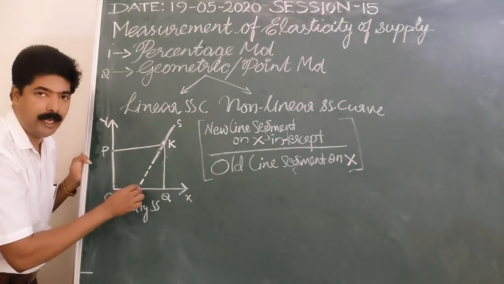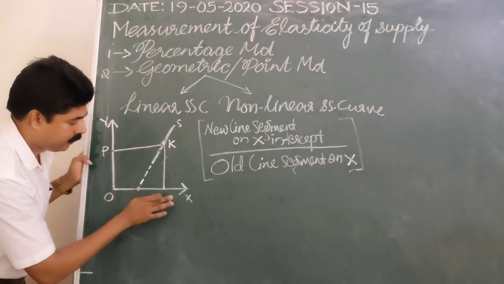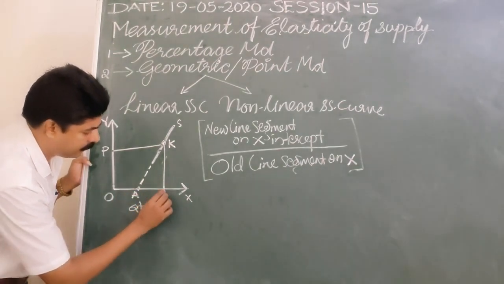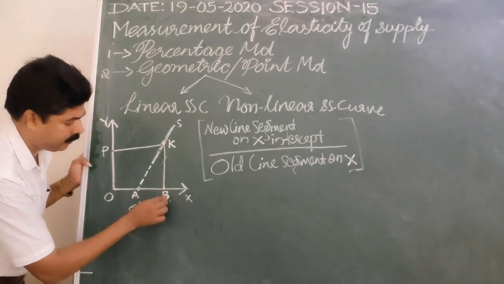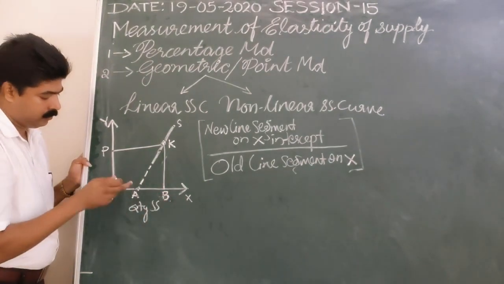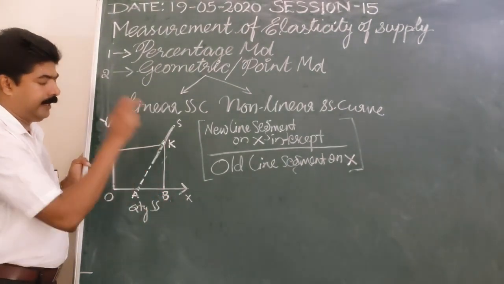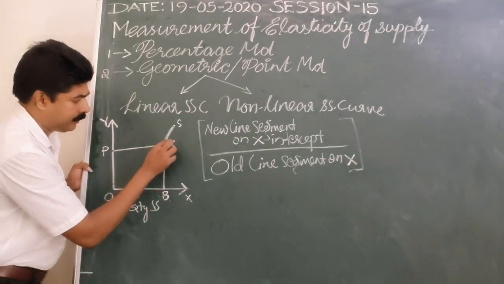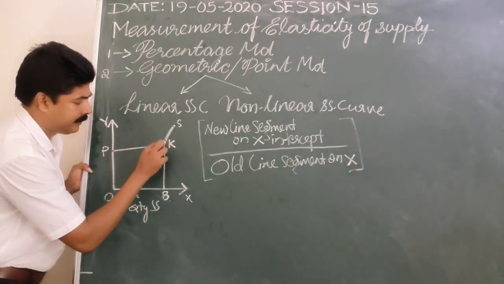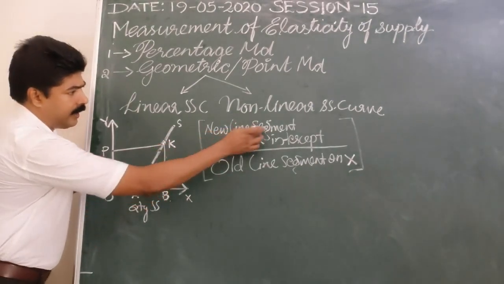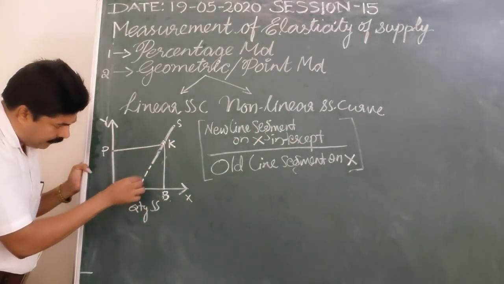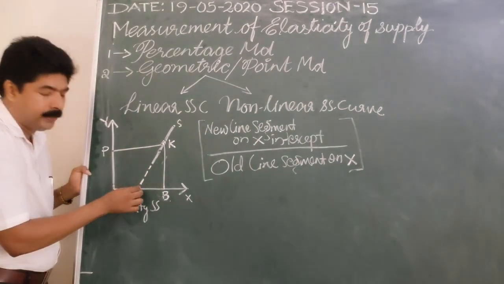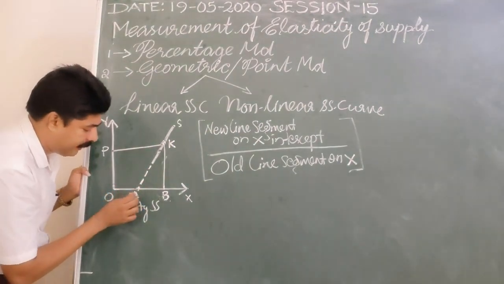I am marking it A, and for understanding this part I am giving another letter, B. So A, B, K. The particular point on the supply curve is K. I have made a new extension of this supply curve up to the x-axis, and then I put the point A there.